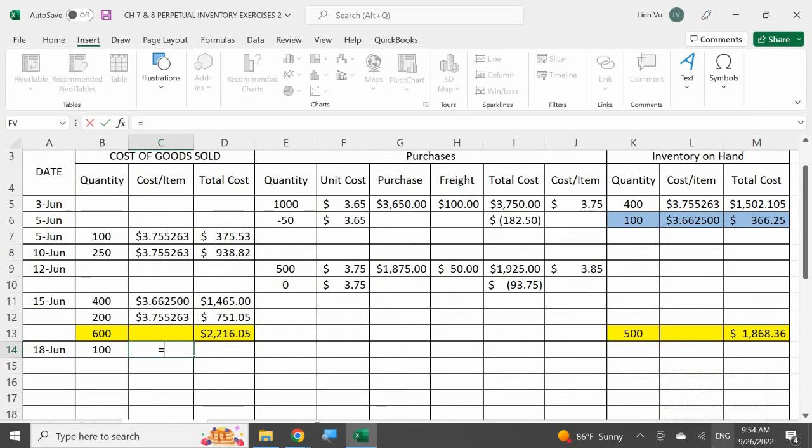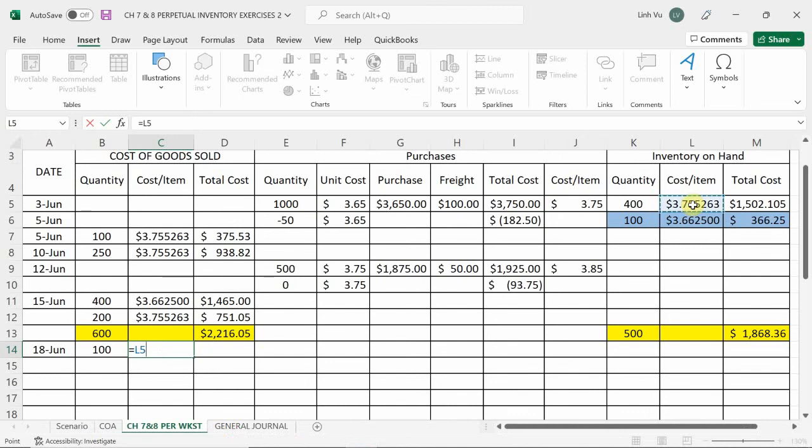Now, at what cost per item is currently that 400 batch? $3.755263. Good. So in this case, how much am I actually putting back into my inventory? $3,750, to take off 100 or take off a zero. $375. $375.53. So there you go.